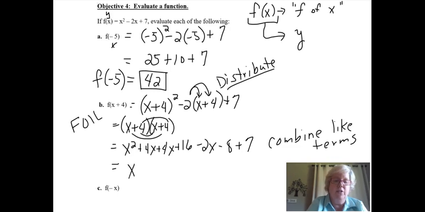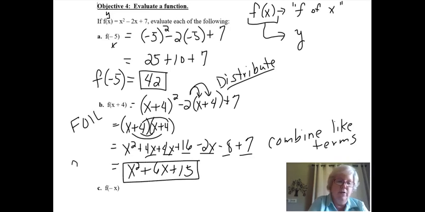So I have my X squared, let's see, 4X, 4X, and -2X. That's 8 minus 2, that's going to be 6X. Then I have the 16, -8, and +7. Let's see, 16 minus 8 is 8, and 8 plus 7 is going to be 15. This then is my final answer for F of X plus 4.